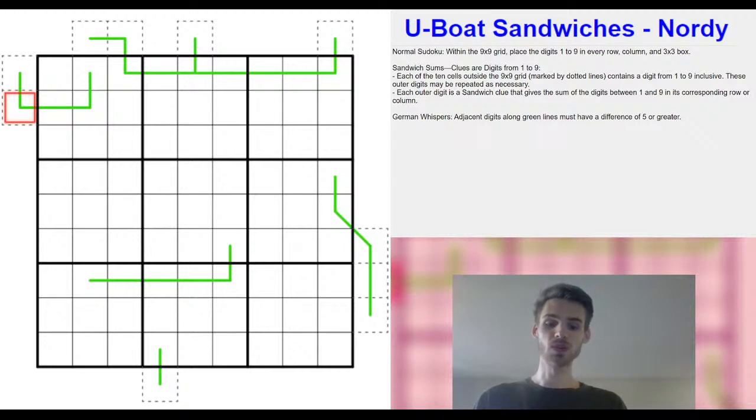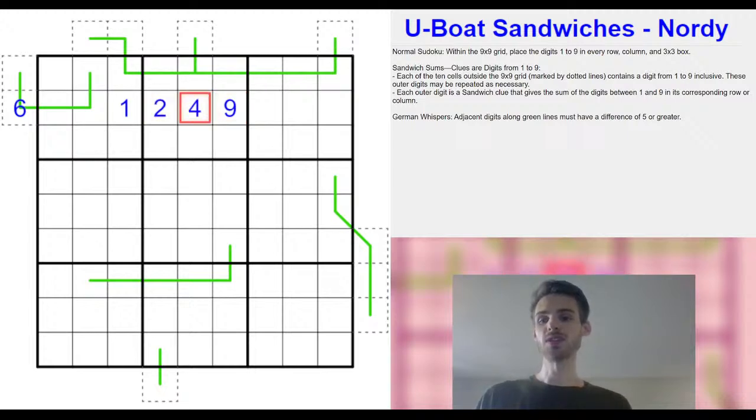So when these German whisper lines go outside the grid, the digits outside the grid correspond to sandwich sums, which are the sum of the digits between the 1 and 9 in that row or column. So if I had a 6 here, for example, and then I had a 1 and 9 like that, then I would have to sum these two digits to 6. If I had a 9 out here, I could do that, for example. So that is the rules of the puzzle.